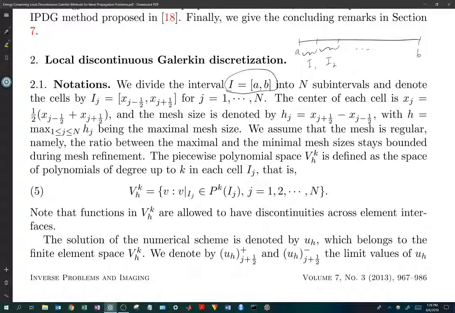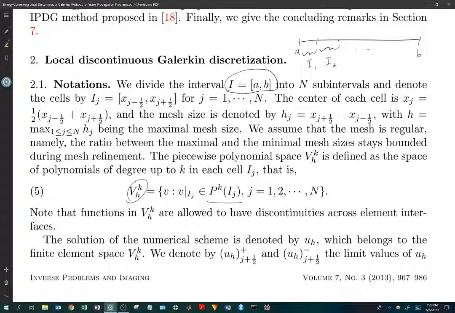That's what this V_h^k is here. For each of these intervals I_j, you take a polynomial basis on each particular I_j, and that's what this P^k(I_j) is. That is the space of polynomials up to degree k, whose domain is precisely I_j.